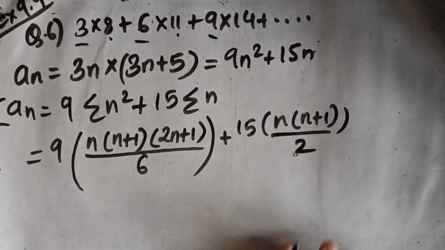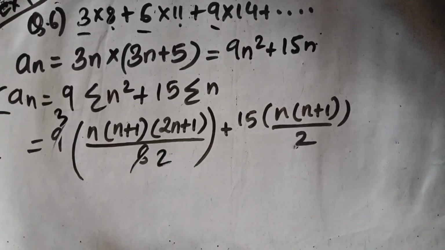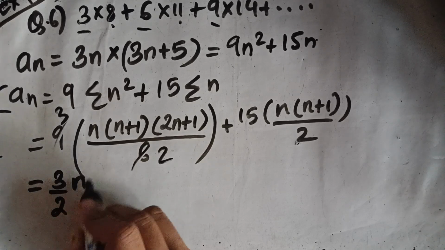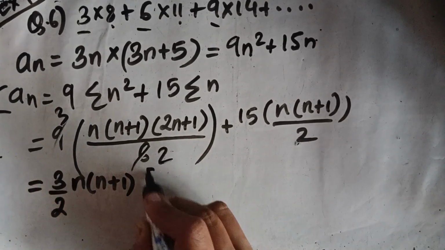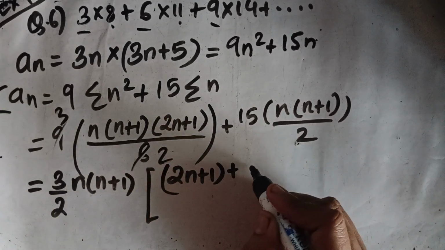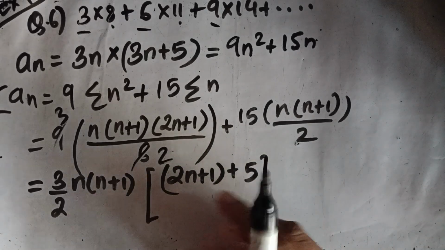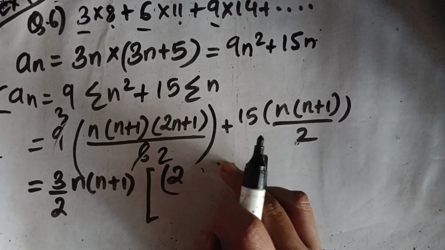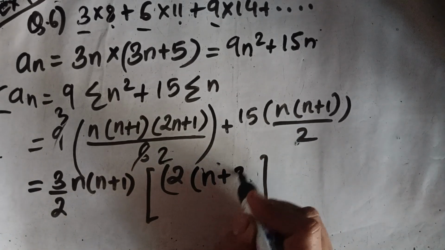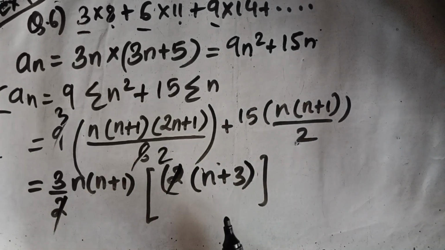Okay, so can take common 3 and also 2, and n into n plus 1 plus 1, 3 5s are. So this is 2n plus 6, which you can write as 2 into n plus 3. Okay. So n into n plus 1 into n plus 3.